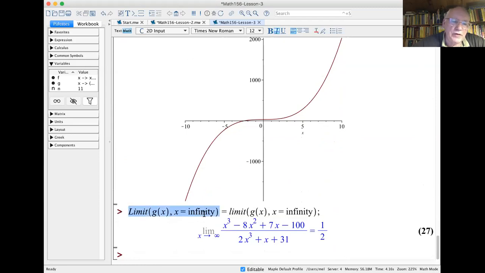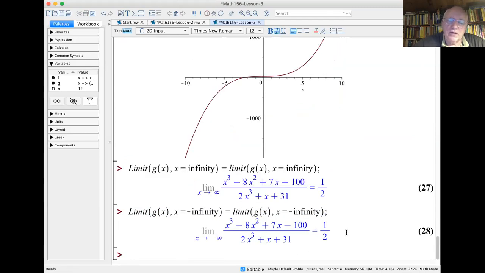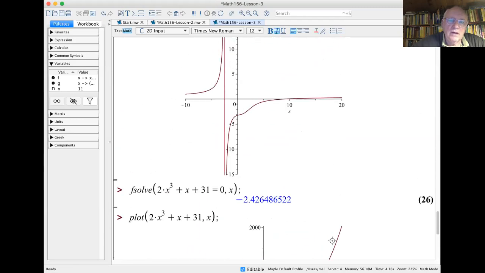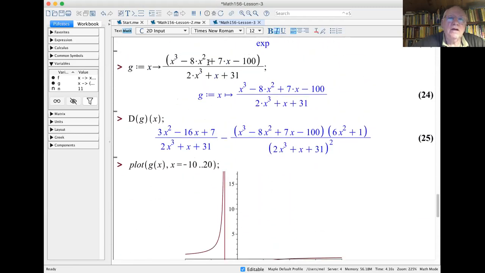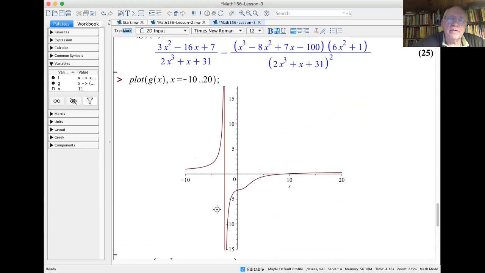What happens as you go to negative infinity? Let's see. That limit's also a half. So this function, as x goes to plus or minus infinity, is approaching a half.